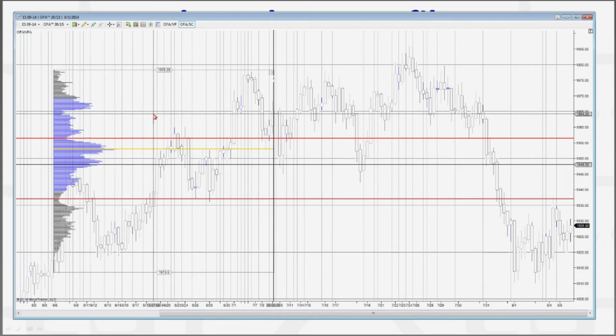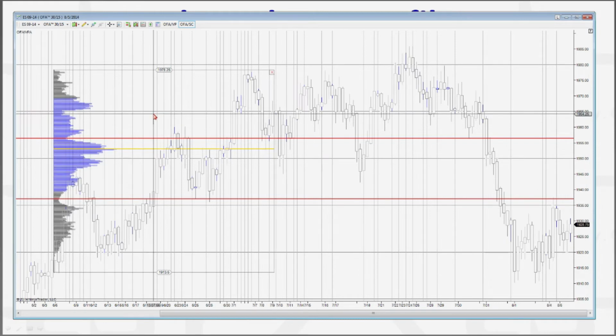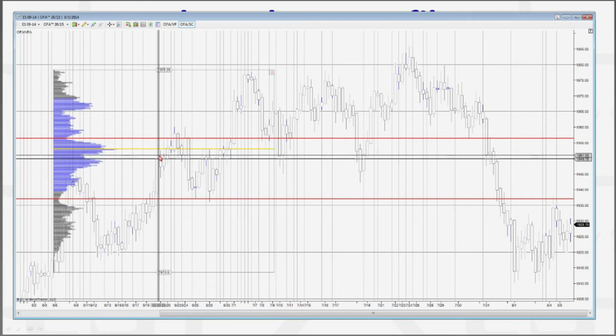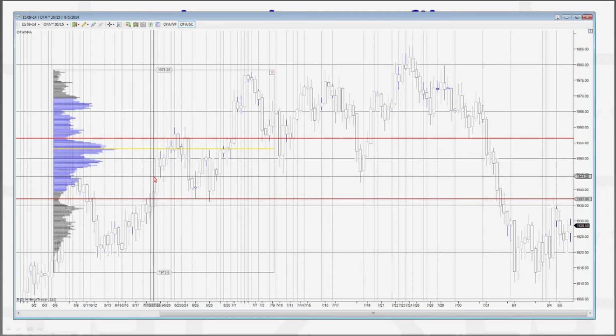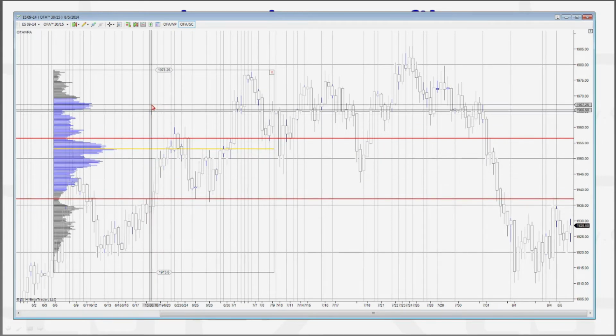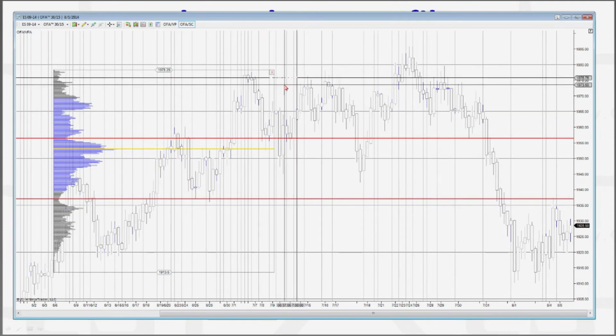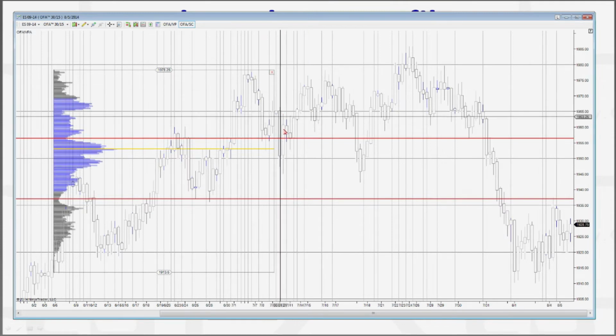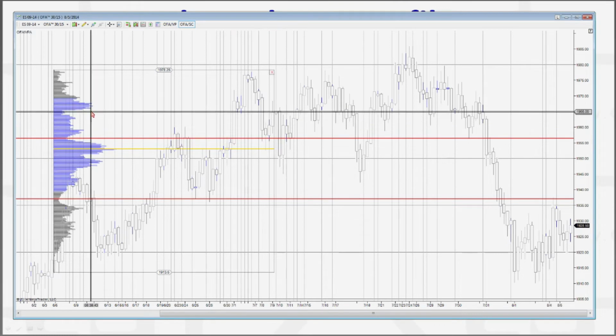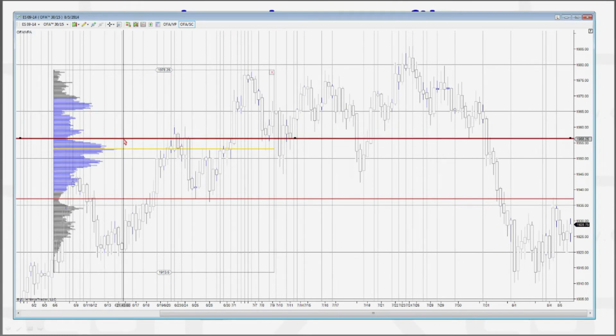And I can start to identify low volume areas. Here I see VPOC. And what I want to start to do is identify low and high volume areas. So as price starts moving beyond these levels, so for example, here's a low volume area here.